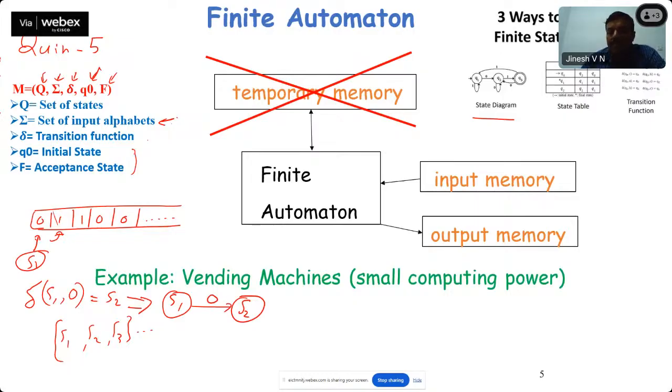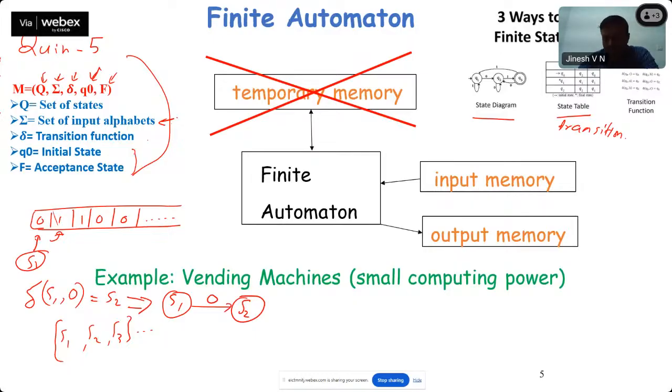Then we can see a state table, also known as the state transition table. And we have another method, which is the quintuple representation, or using the state transition functions. That is what you can see on the left side. We'll take one example and represent the same system using all 3 methods.